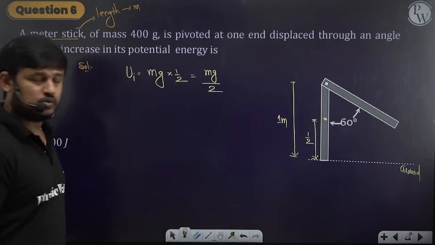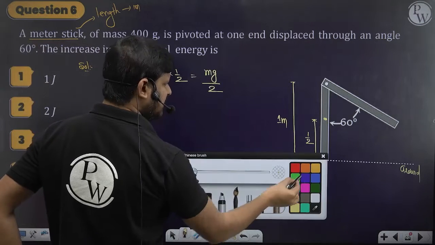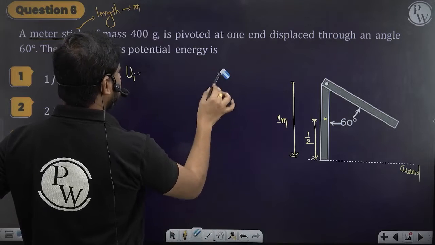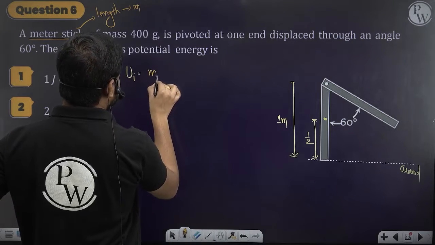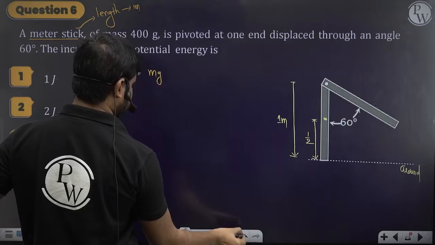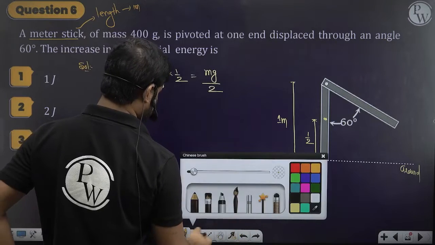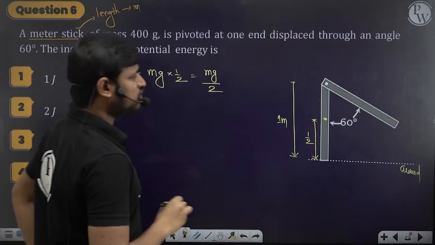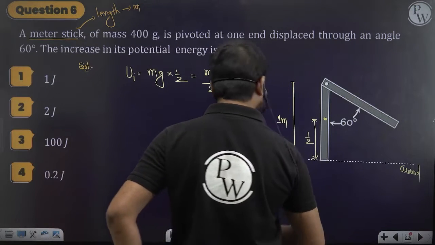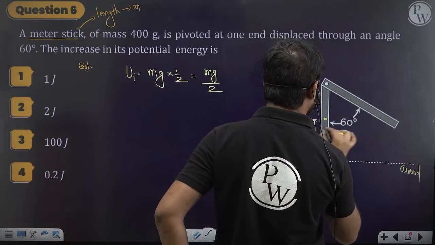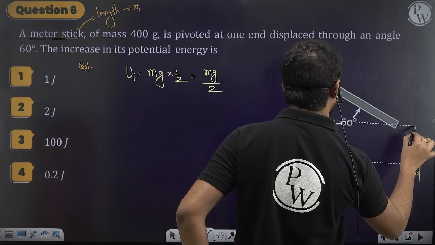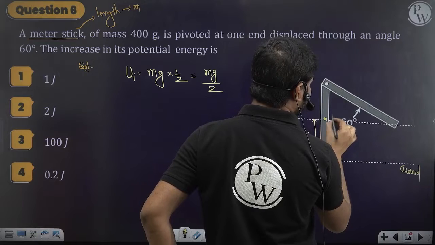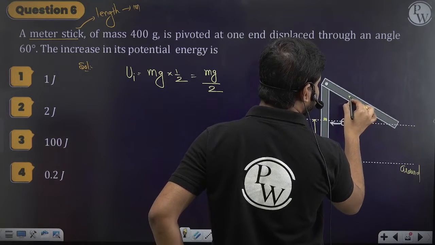So now the final potential energy. Finally it has reached this point. We are considering this as the ground, so its center of mass has shifted to this place, yes or no?